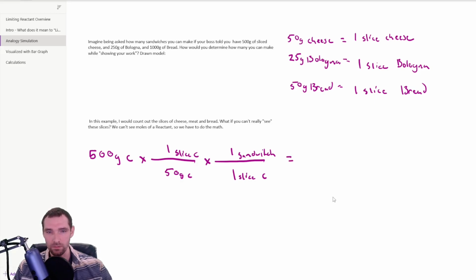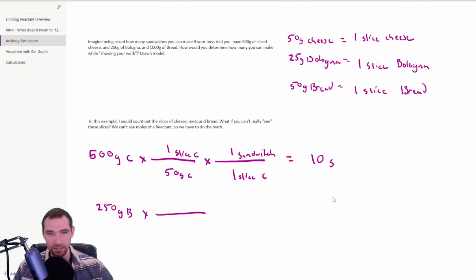And so we can do that multiplication. This would be 10 slices, so we have 10 slices of cheese. We should be able to make 10 sandwiches. I'm just going to do S for that, just to mark the sandwich. Same thing with the 250 grams of bologna.